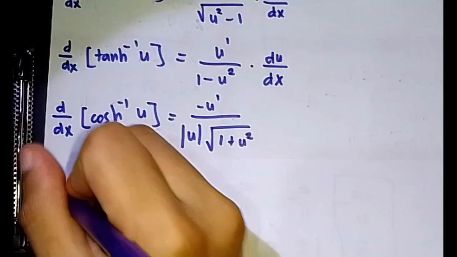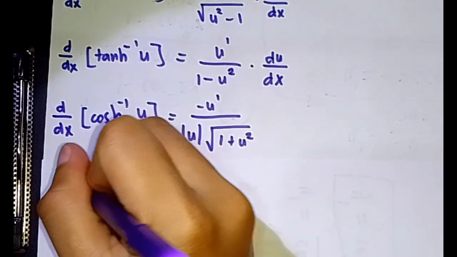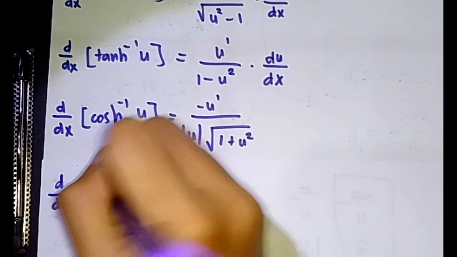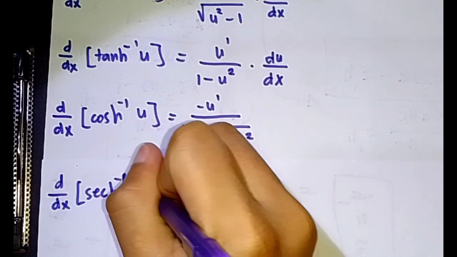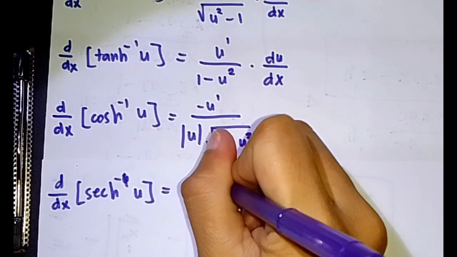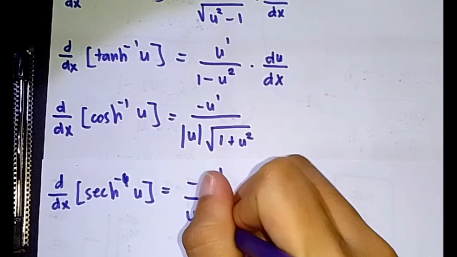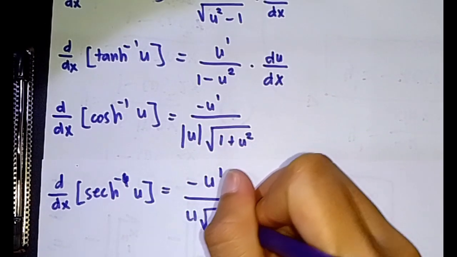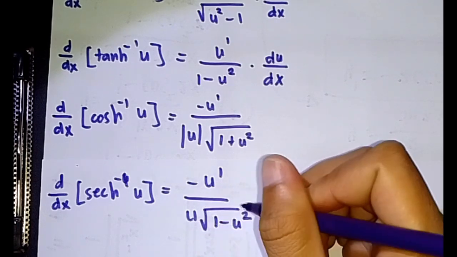The derivative of the inverse hyperbolic secant function of u is equal to negative u prime over u times the square root of 1 minus u squared.